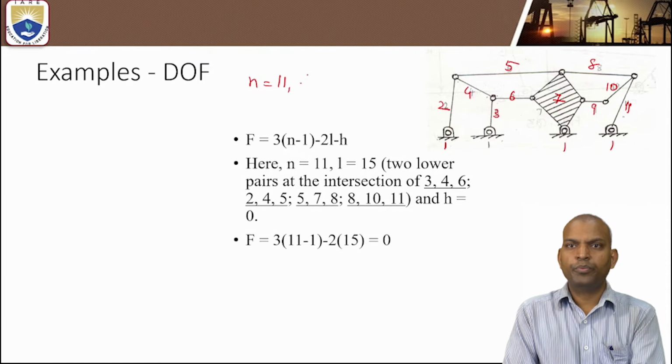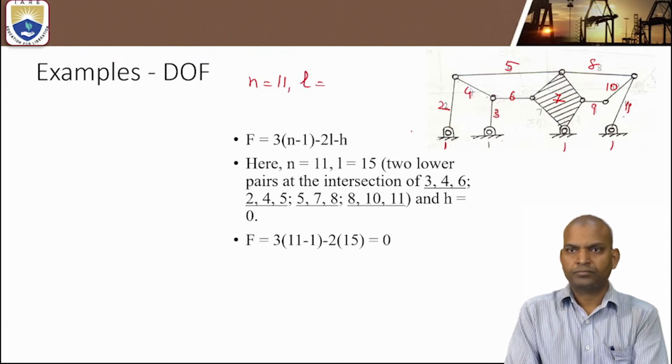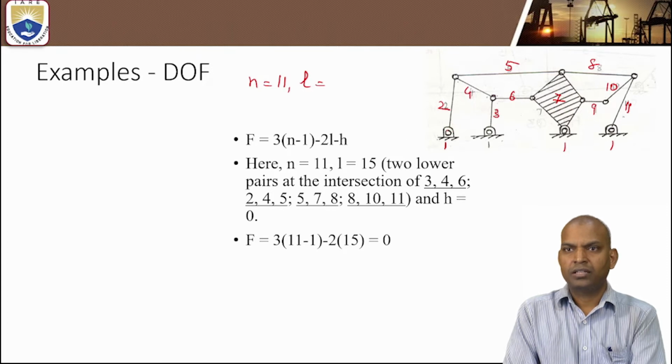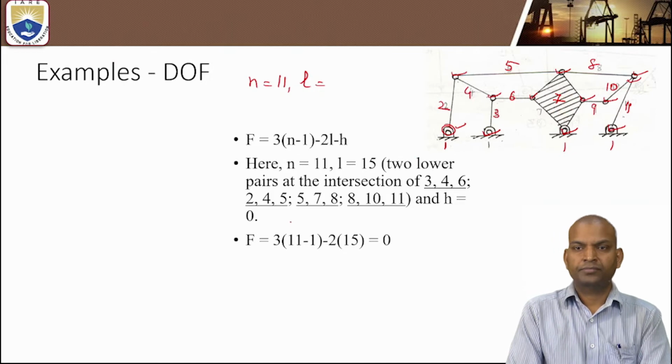Okay, how many lower pairs are here? The lower pairs are 1, 2, 3, 4, 5, 6, 7, 8, 9, 10 and 11.